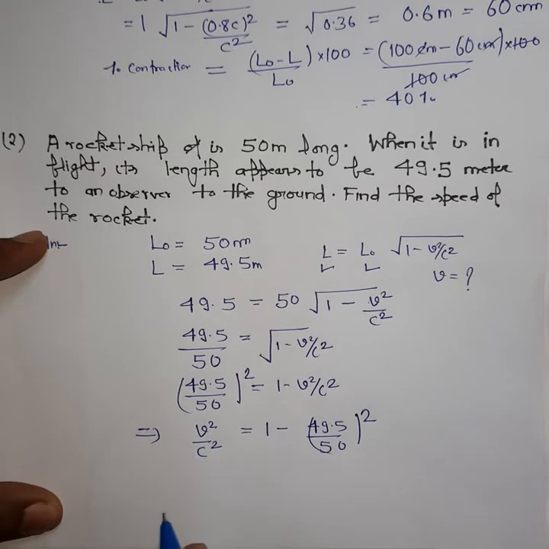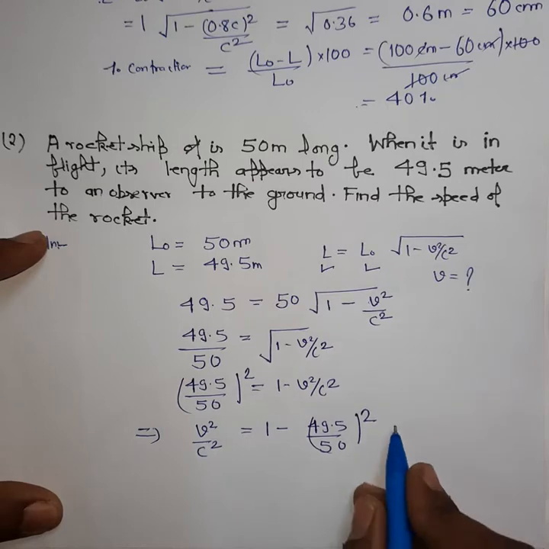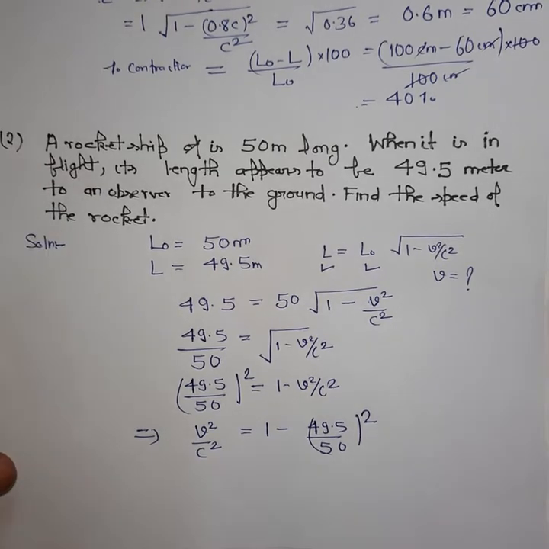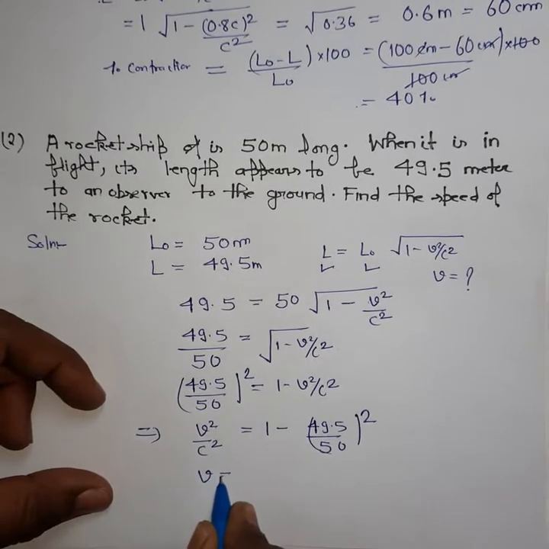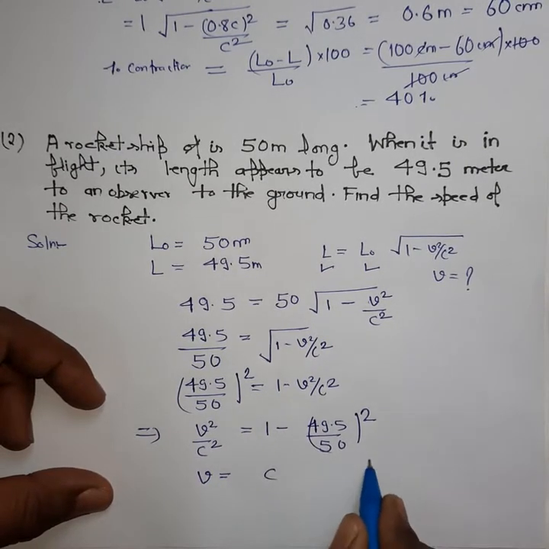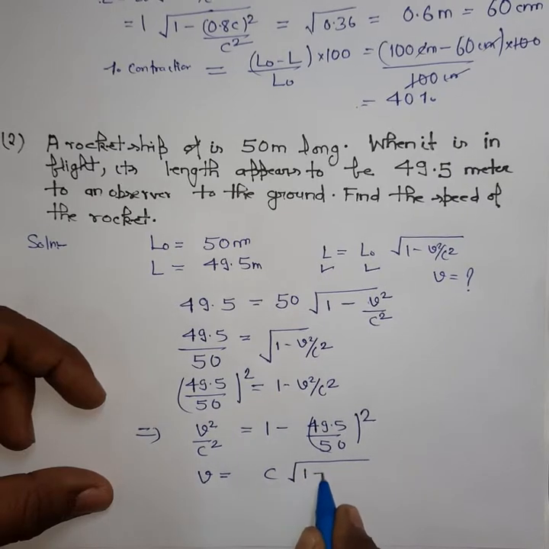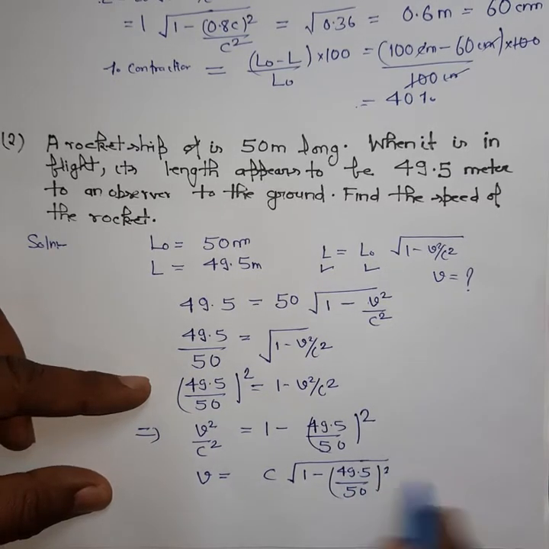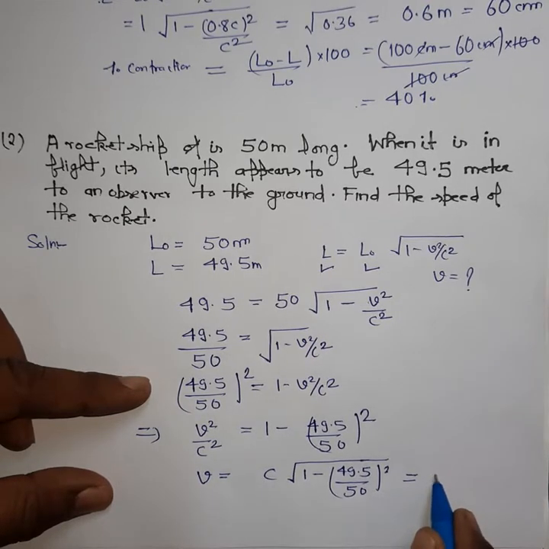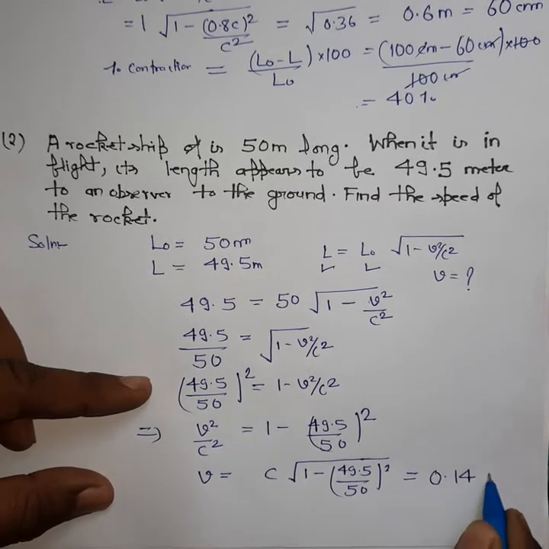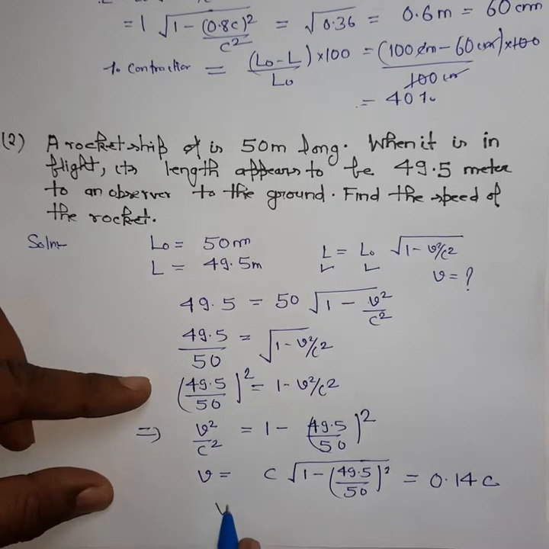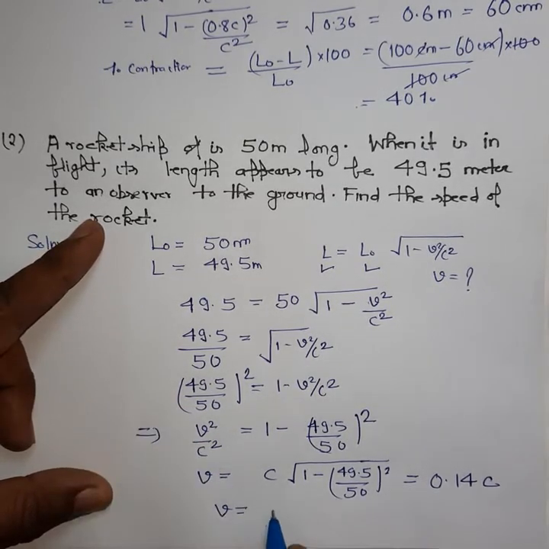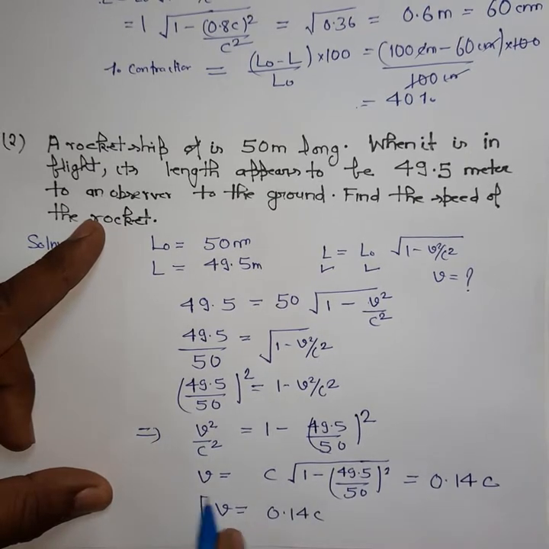If you further solve it, you can write V is equal to C times square root of 1 minus (49.5 divided by 50) whole square. You can simplify it using the calculator and you will finally get 0.14 C. So the speed of the rocket is 0.14 C. This is the required answer.